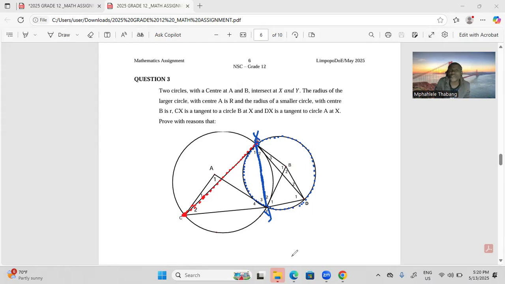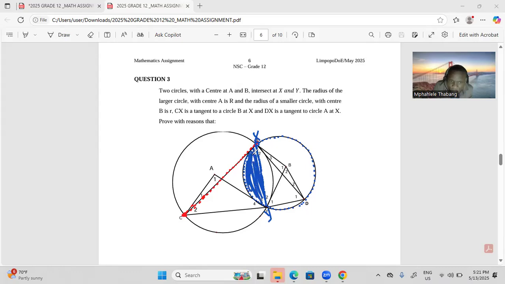And a chord divides your circle into two equal parts. Sorry. Did I say the chord divides the circle into two equal parts? Sorry. The chord divides the circle into two parts, into two segments. So we're going to have this segment, the smaller segment. Maybe I can color that segment with blue.